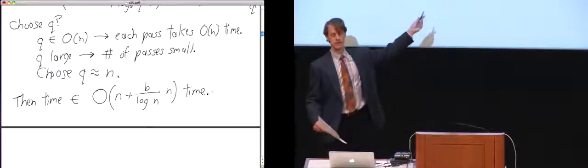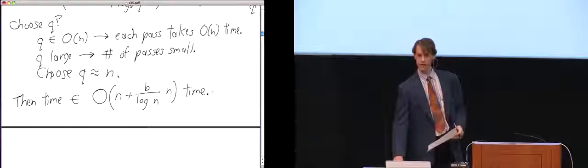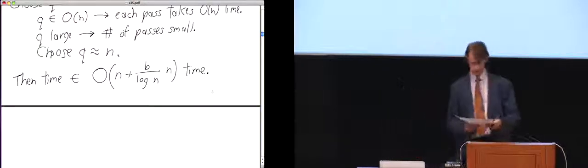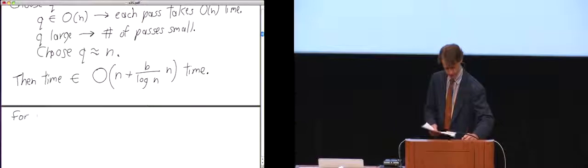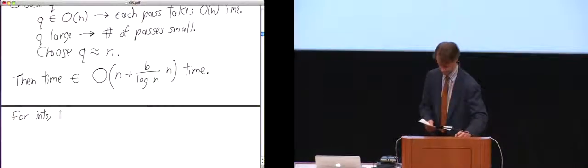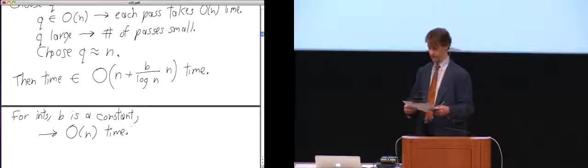And the other thing to notice is that B is usually a constant. So if B is usually a constant, then the second term just reduces to linear time. So for instance, suppose we're sorting ints. Then B is a constant, and therefore you get just big O of n time. Radix sort takes linear time if you're sorting something with just a constant number of bits.